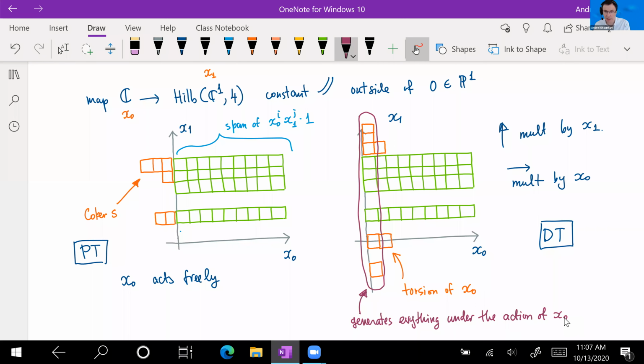So this means I have some subscheme of my target, and x naught can kill things, so things can get smaller and smaller.